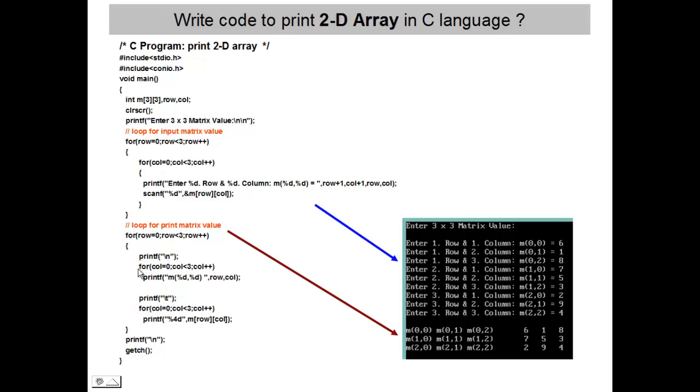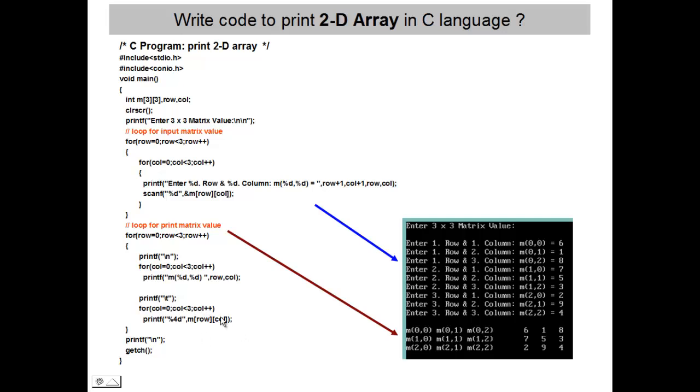Then the column loop shows the location. So m of 0 0 means m of %d row, column. This is the location of the variable value. m of 0 0, what value? This is 6. So m of row column, value.